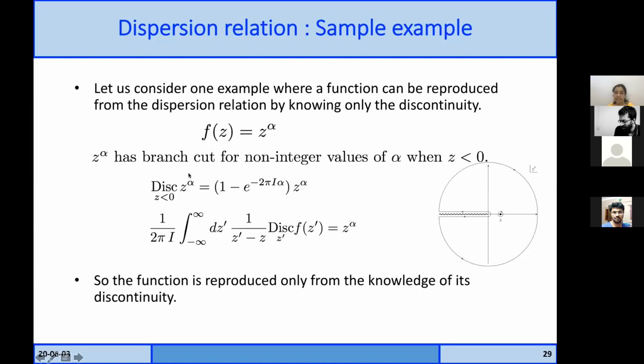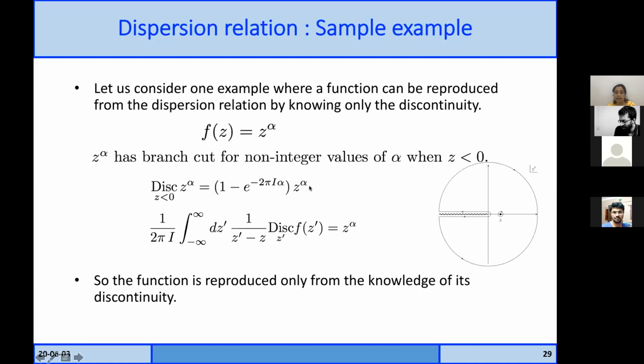Using the definition of discontinuity, you can calculate the discontinuity when z is less than 0, and it comes out to be a phase times the same function. This is a very specific property of this power law function, whose discontinuity is remarkably simple. If you have some complicated function, you have to really calculate the discontinuity, and this may not be so simple.